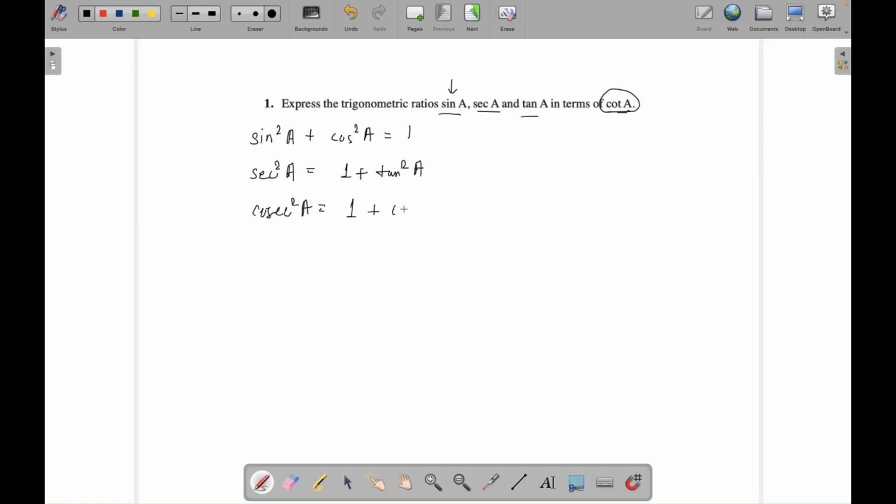So these are all the identities that we know as of now.